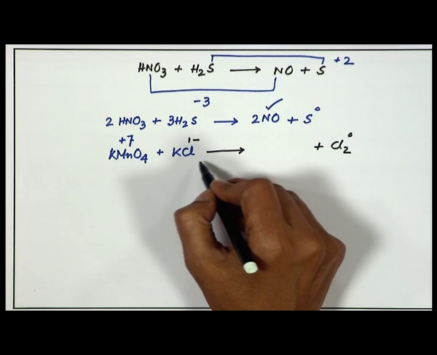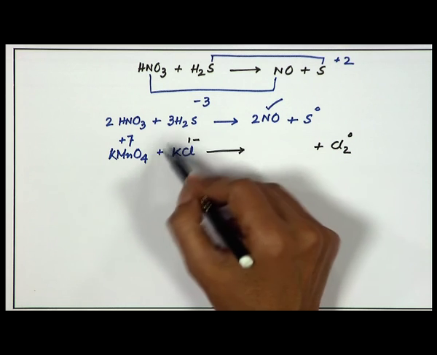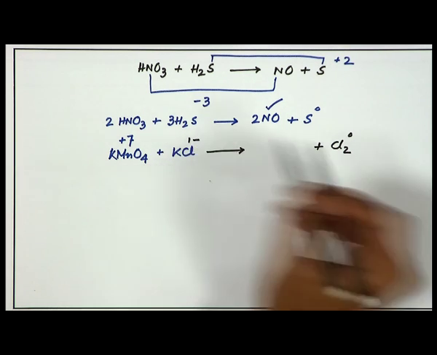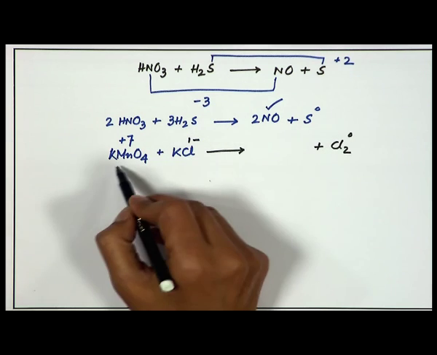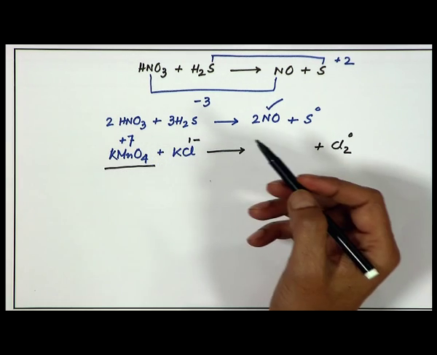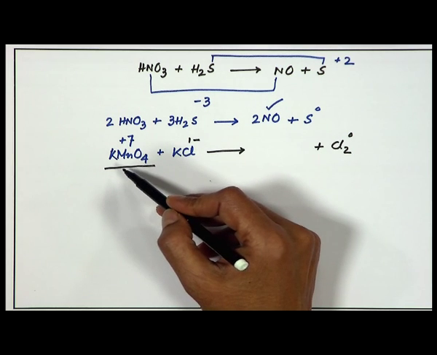So, any chloride salt, this is potassium chloride, or even hydrochloric acid, HCl in aqueous medium, which also has chloride as 1-, can be oxidized, and this is our oxidizing agent. KMnO4 may be in solution, where we should know the corresponding reaction condition, or in powder form.